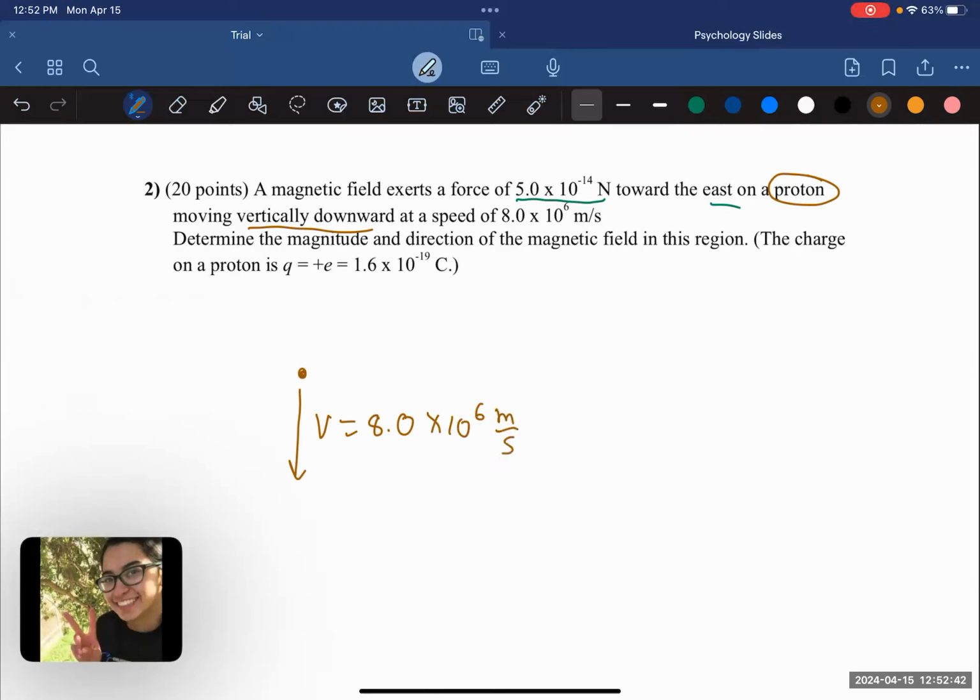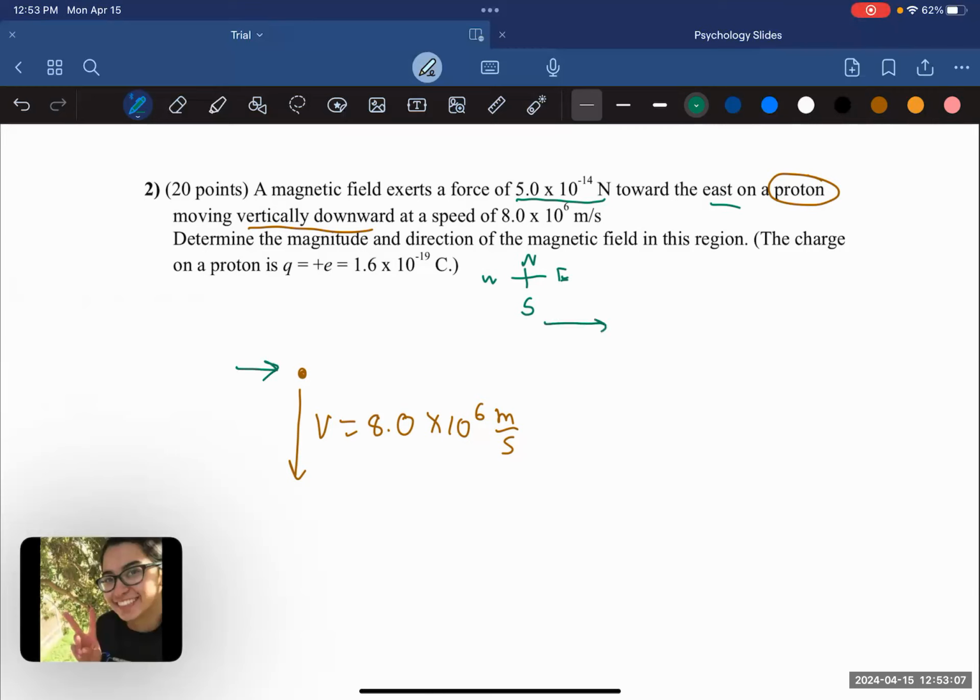And then we have a magnetic field that's exerting a force on this. So towards the east, right, we have never eat soggy waffles, where we're assuming downwards is south, I guess. But in that case, the force is going to be coming from this side, right? Because it's heading towards the east.